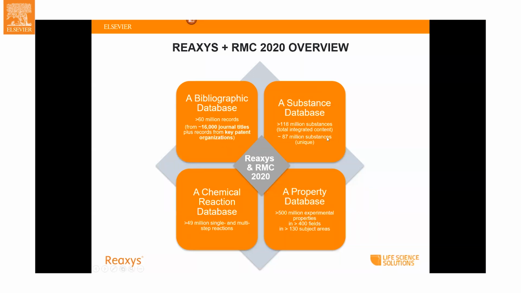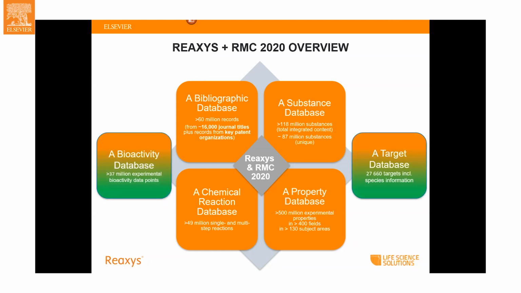Another database is the database of chemical substances, organic, inorganic, metallo-organic, big molecules, and it also covers more than 500 million experimental properties. And we have a separate database with chemical reactions, single step, multi-step, all of them with detailed condition, solvent, yield, catalyst, etc.